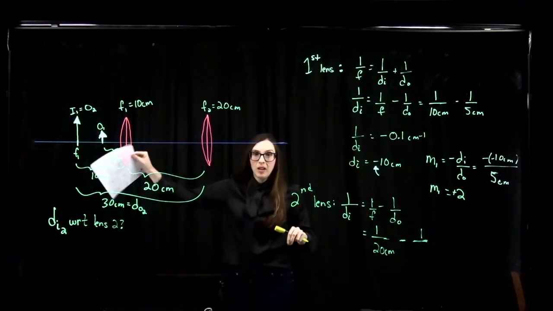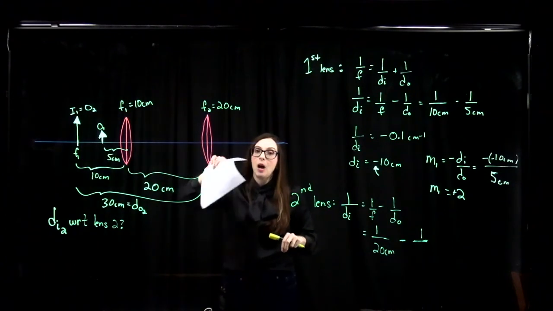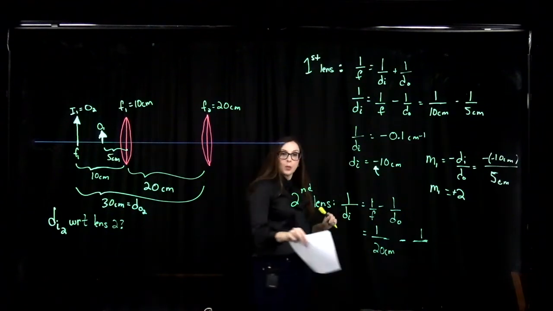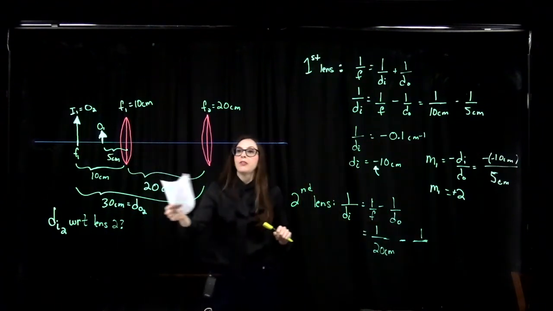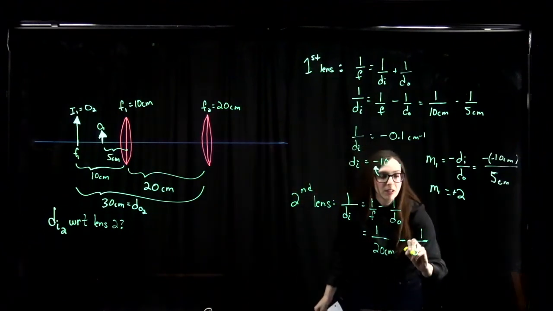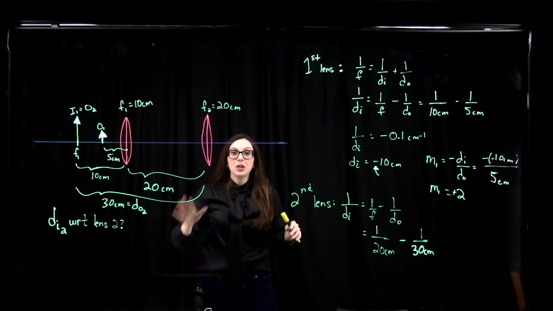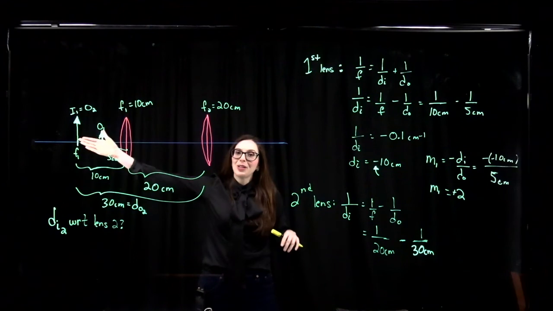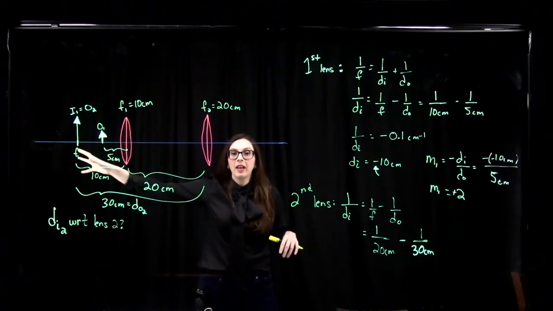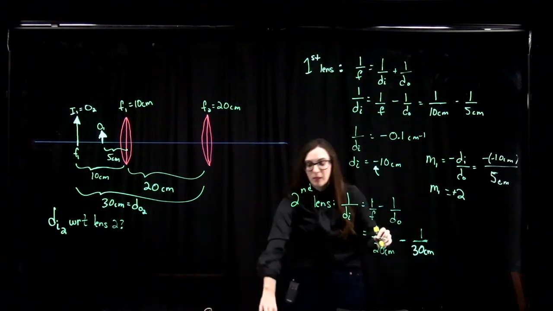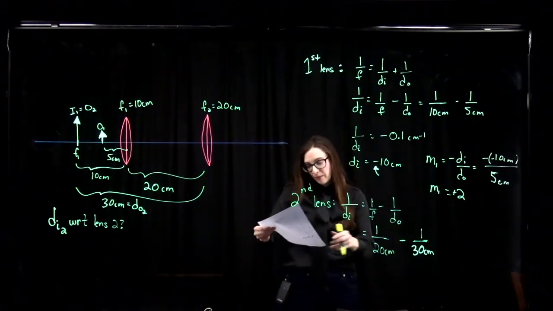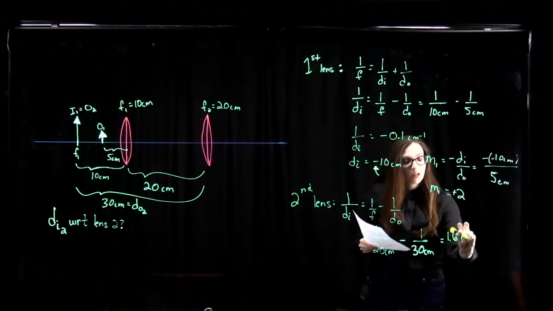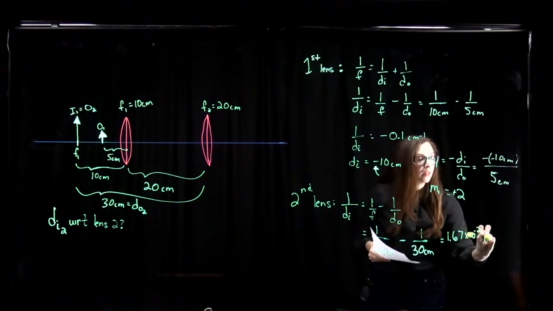The distance that the object is away from the second lens. And remember that the image created from the first lens becomes the object for the second lens when you have multiple lens problems. So the distance that the object is away from our second lens is going to be 30 centimeters. The distance to our object for our second lens, we're still going to call that a positive value because that object that we're using for the second lens is over here on the left. So we've got 1 over 20 centimeters minus 1 over 30 centimeters, and that gives us 1.67 times 10 to the minus 2 inverse centimeters.